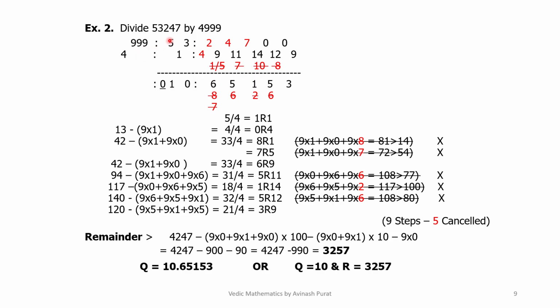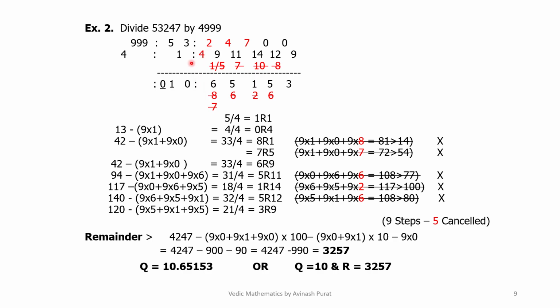Now 5 divided by 4 equal to 1 is the quotient and the remainder is 1. Now 13 is the dividend, minus 9 into 1 equal to 4 divided by 4. So 0 is the quotient and the remainder is 4.